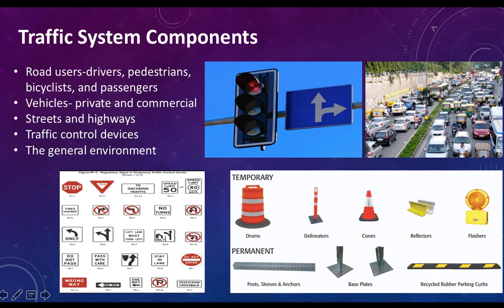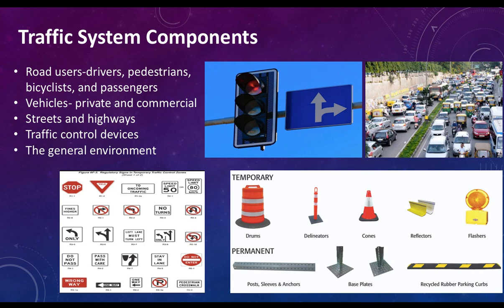You can see them here. These are used in almost all the important roads, wherever necessary. Next, there are also some temporary traffic control devices like drums, delineators, cones, reflectors, flashers. You might have seen all these while traveling.